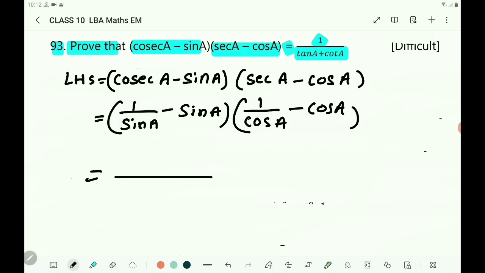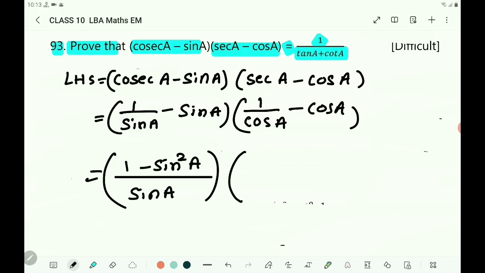The LCM is sin A. Then 1 remains as it is, 1 minus sin A into sin A, sin square A. Write in the bracket. Next, here the LCM is cos A and the numerator becomes 1 minus cos square A. Write this 1 as it is, 1 minus cos A into cos A is cos square A.